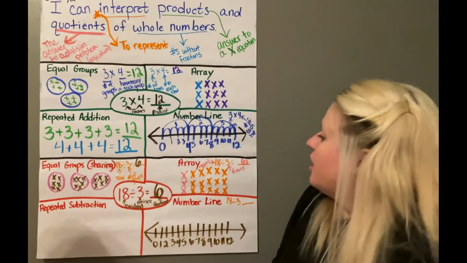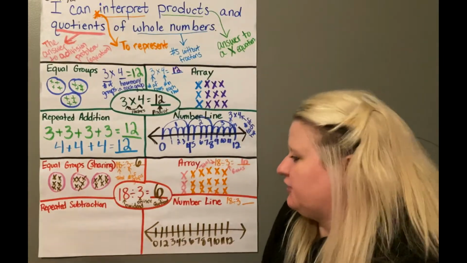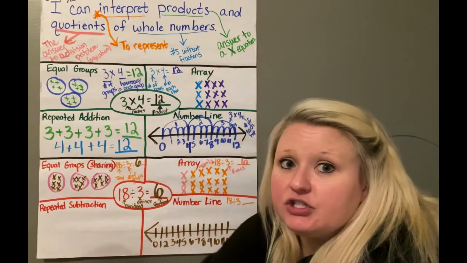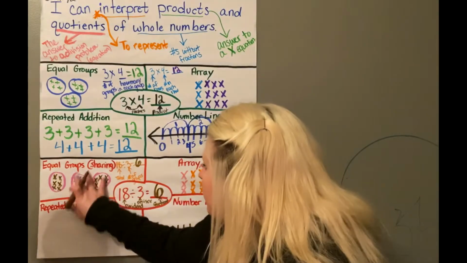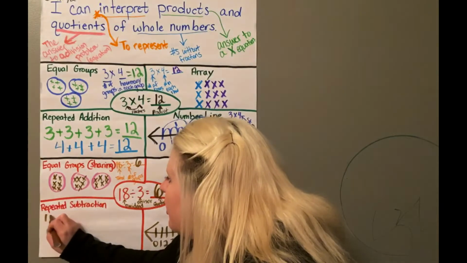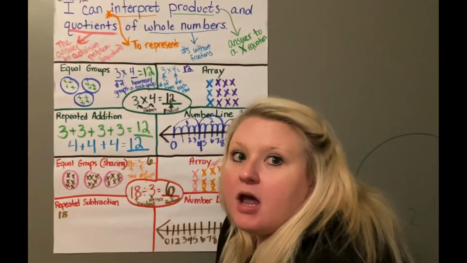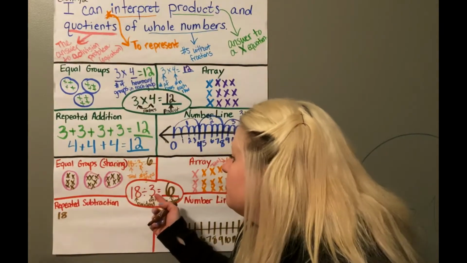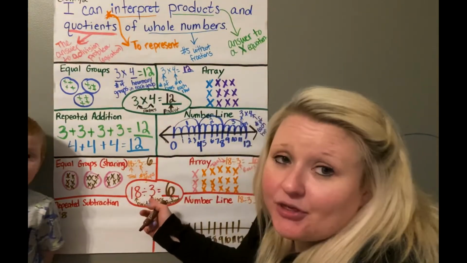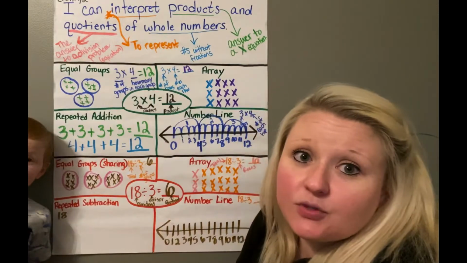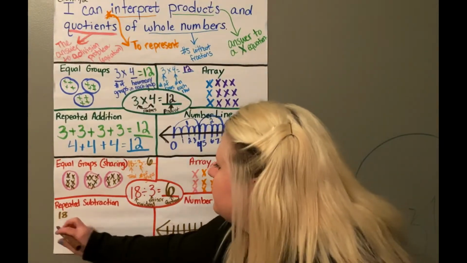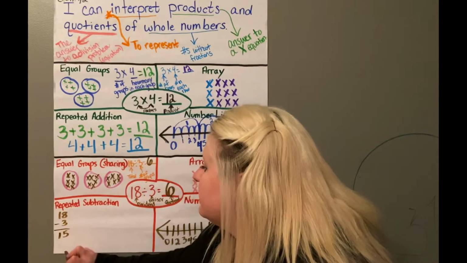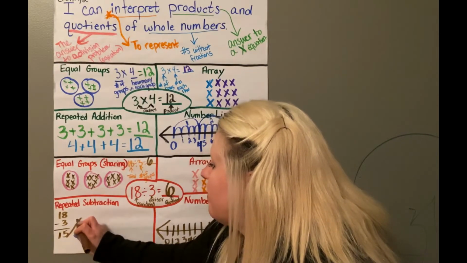Okay? All right. Repeated subtraction. So the first thing you're going to do is start with your total. So I'm going to start with 18. And then I'm going to repeatedly subtract my 3. Hence the word repeated subtraction. 18 minus 3 is going to give you 15. Okay? Take my 15.